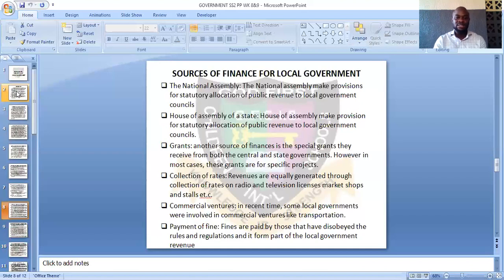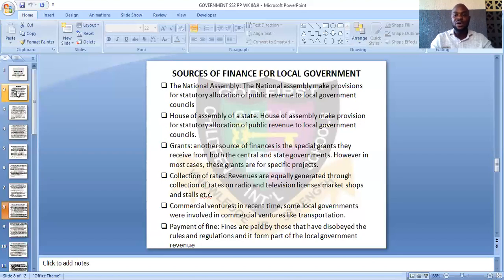Number three, grants. Another source of finance is the special grants they receive from both the central government and the state government. If you don't know before now, know that local governments do collect grants from the federal government and the state government. In most cases, these grants are for specific projects.